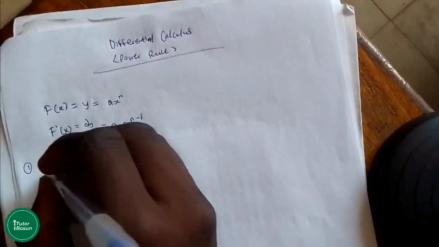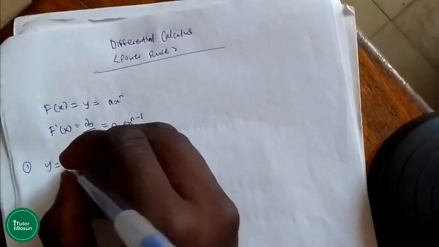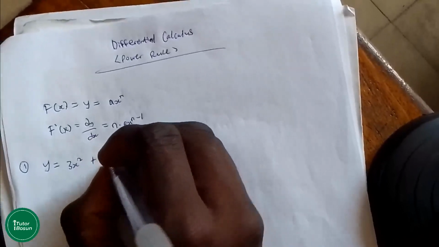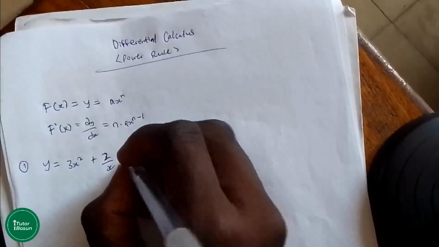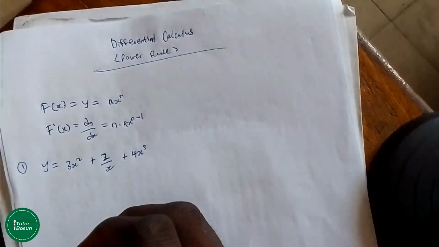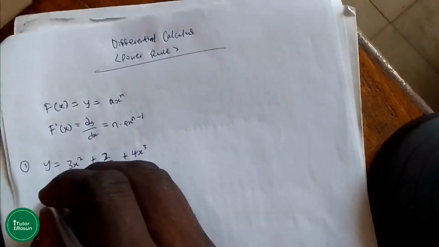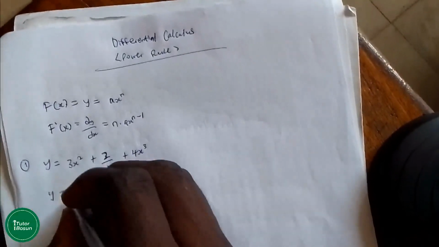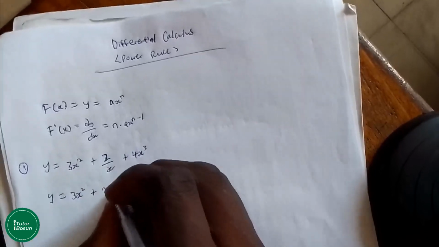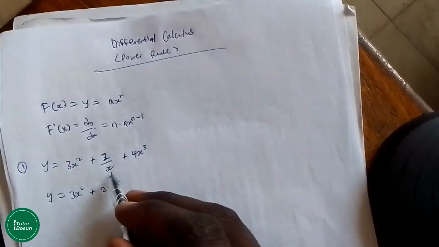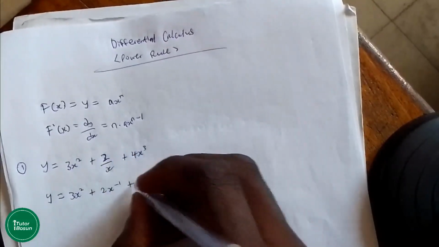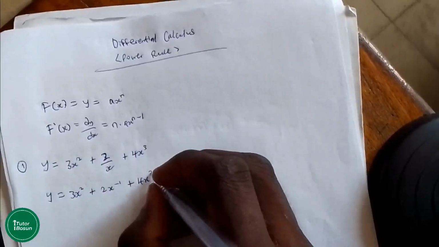Let's say we have a function y equals 3x squared plus 2 over x plus 4x raised to power 3. Then this can be conveniently written as y equals 3x squared plus 2x raised to power minus 1, since if this x moves up, then it carries minus 1, plus 4x raised to power 3.